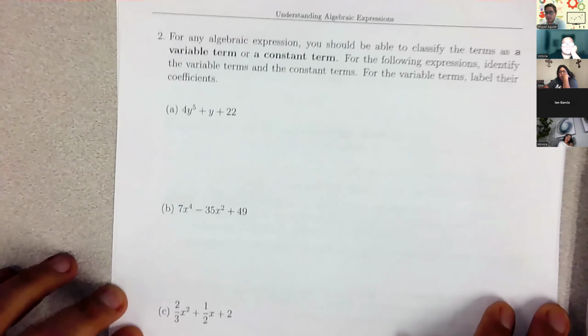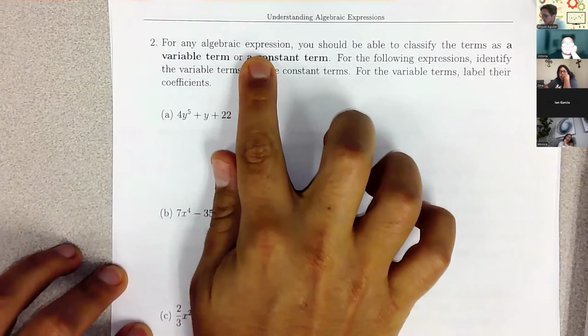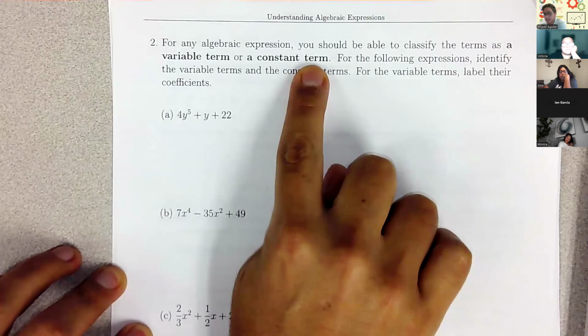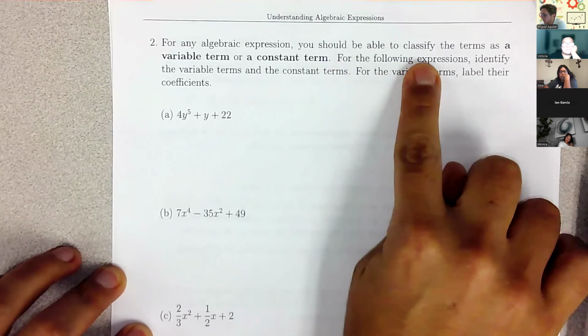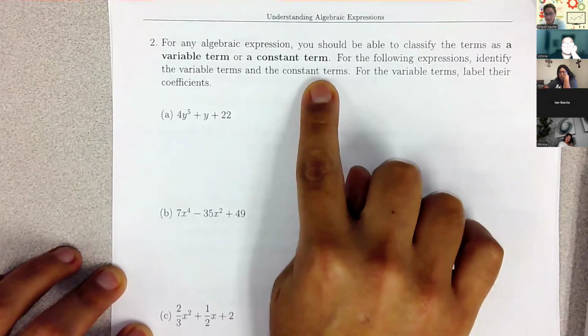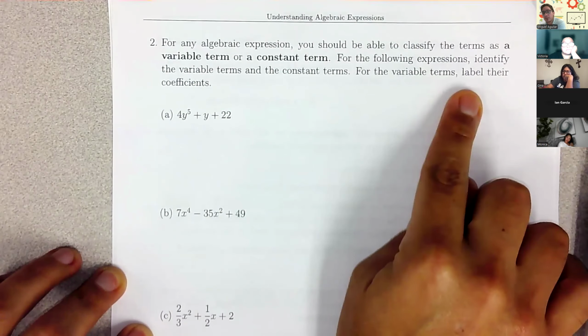All right. The instructions say, for any algebraic expression, you should be able to classify the terms as either a variable term or a constant term. For the following expressions, identify the variable term and the constant terms. For the variable terms, label their coefficient. Okay.